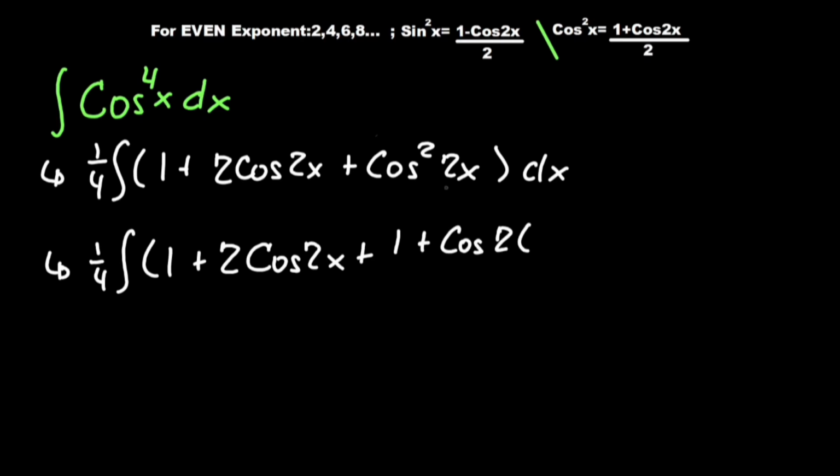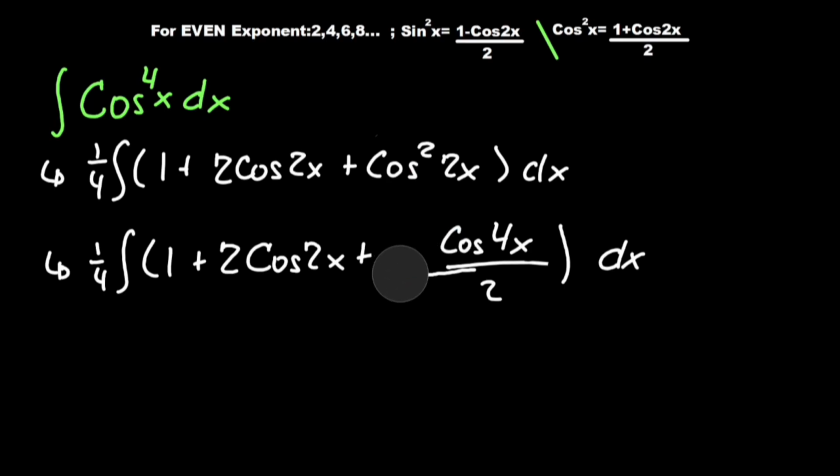But since we have here a 2x, this would be 2x over 2. 2 multiplied by 2x would be 4x. Wait, let me just rewrite this.